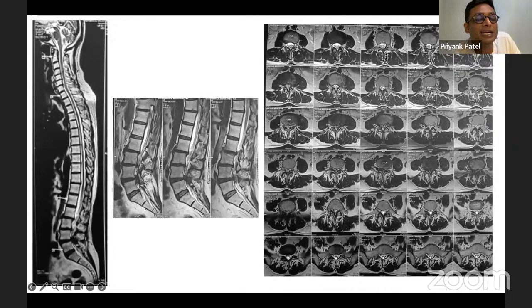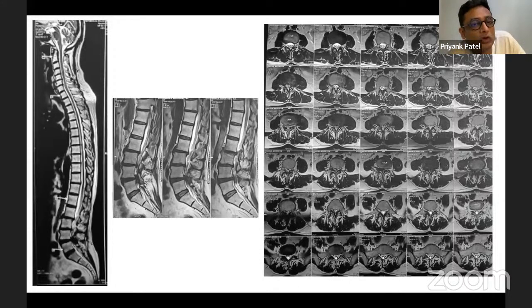The other part is attached to the L5. And if you don't want to decompress L5-S1, you don't touch the L5 lamina, because the L5-S1 ligamentum flavum you don't want to disturb. So here you have to make a dome of your L5. So your L5 level is completely decompressed.